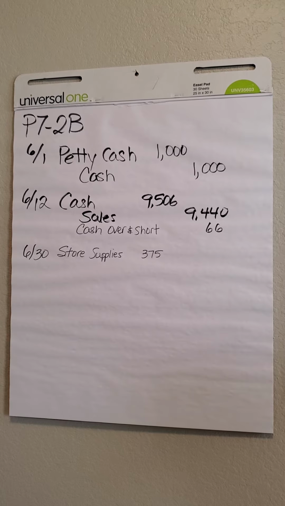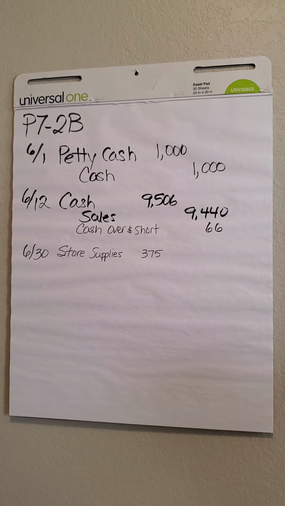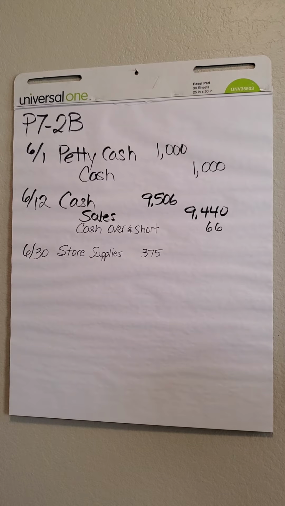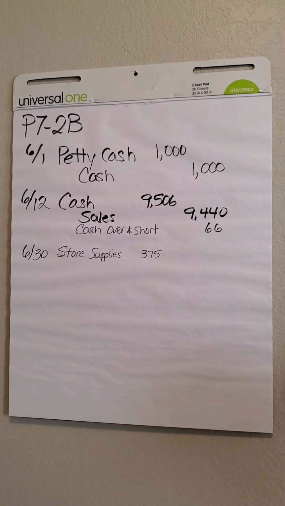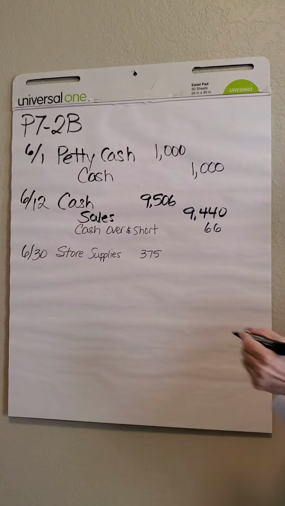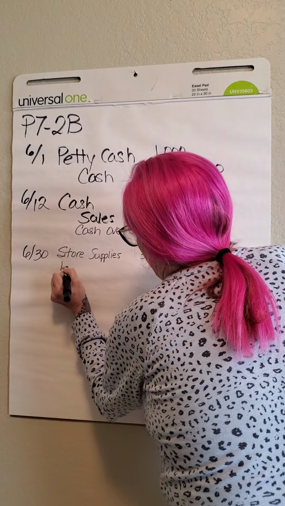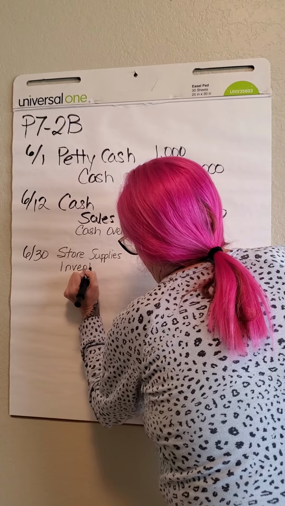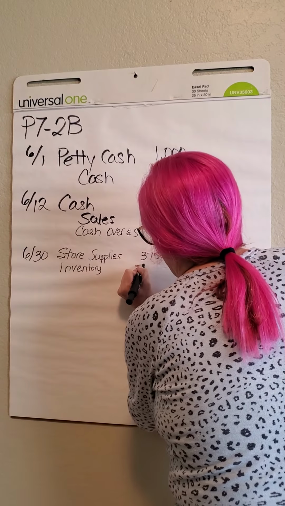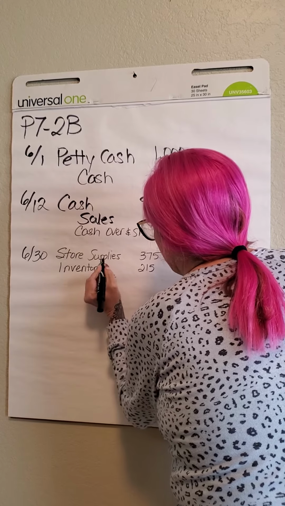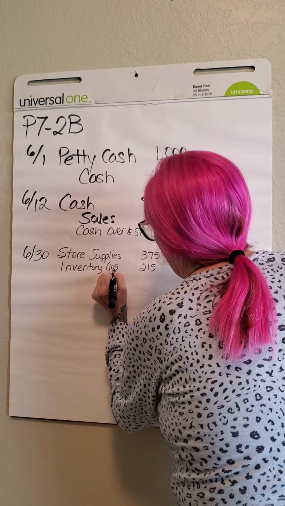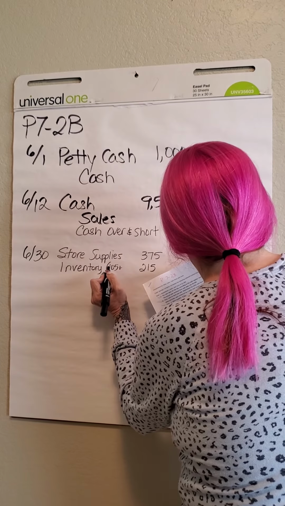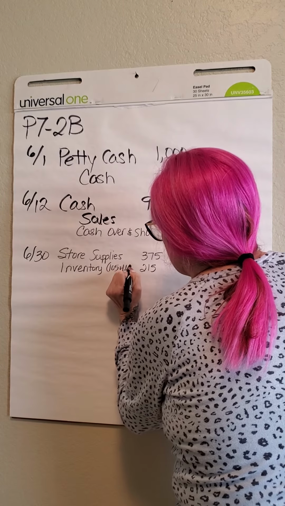In addition, we had two freight charges on inventory. One was $110 and the other was $105. So we're going to debit inventory for $215, the one for $105 plus the one for $110.